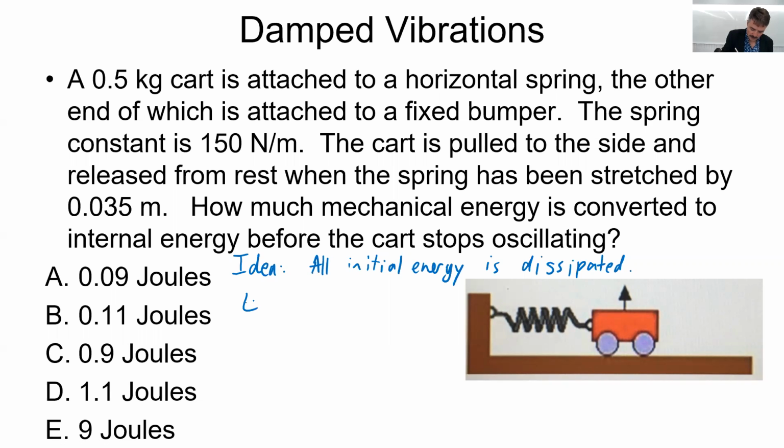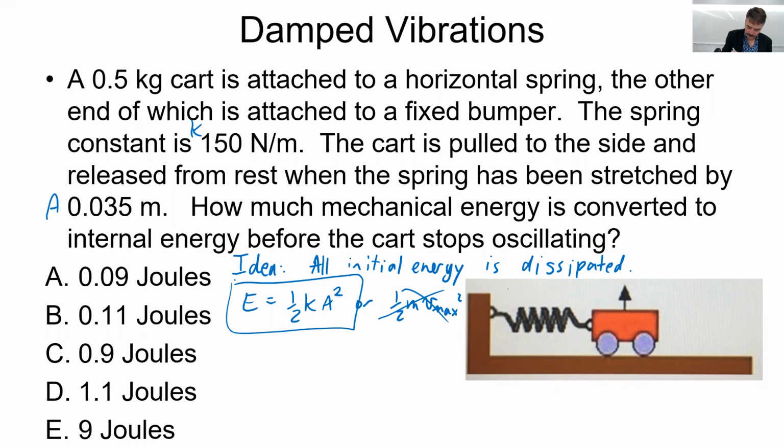So you just use E is equal to 1/2 K A squared, or 1/2 M times V max squared. But you are given K and you are given A, so definitely use this one. Remember those two equations? So the idea is it starts off as a simple harmonic oscillator and then the energy is just dissipated.